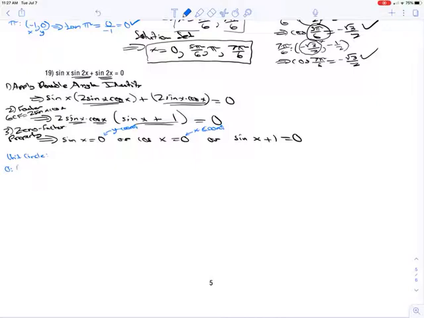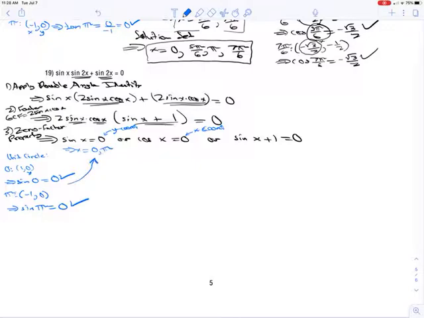At 0, we have the ordered pair 1, 0. So that implies the sine of 0 is 0. There's a solution. That implies x equals 0. We also have at pi the ordered pair of negative 1, 0. So the sine of pi is equal to 0. So that means pi is a solution.